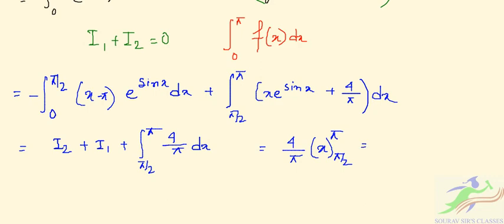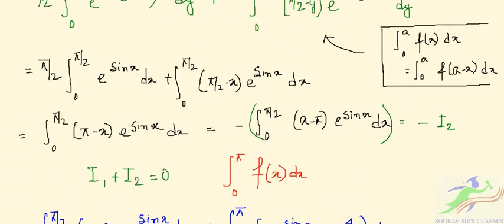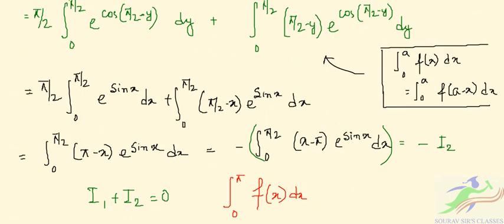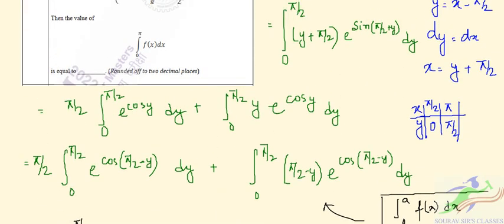So from here we will find that 4 by pi is there and pi by 2, so it will be 2. Okay. So the value of this integral is equal to 2. Two significant places, so we have just a whole number, so we can write it. This is question number 54.